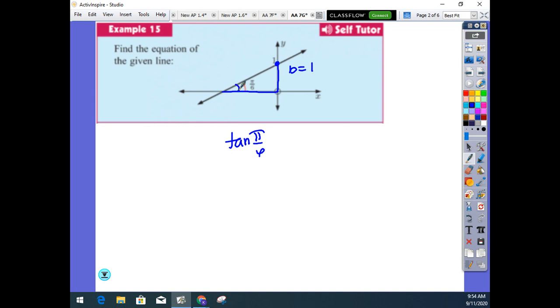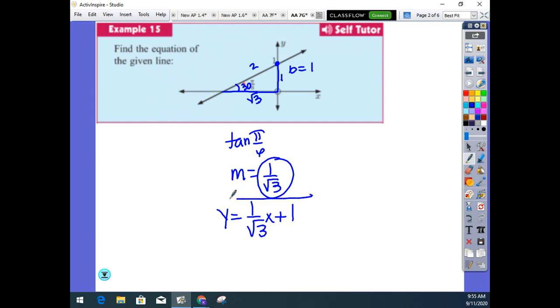So if this is pi over 6, that's 30 degrees. So across from 30 is 1, 2, square root of 3. The line is going up, so it's positive. So my slope is tangent y over x. So y equals mx plus b. Done.